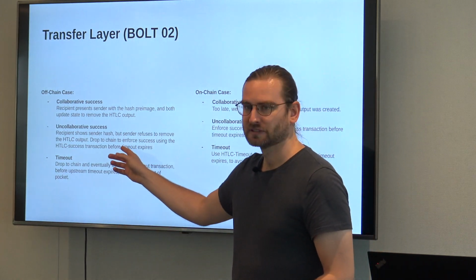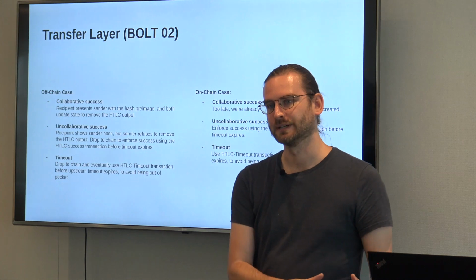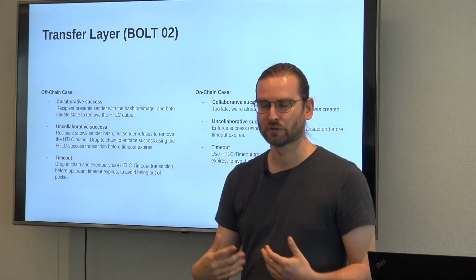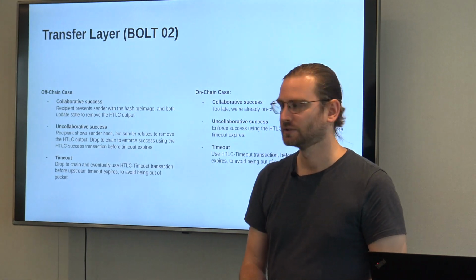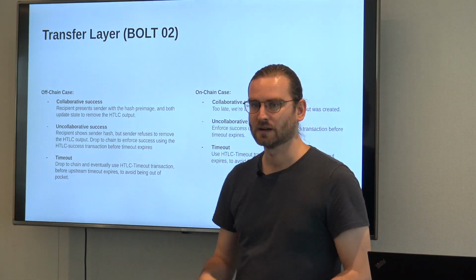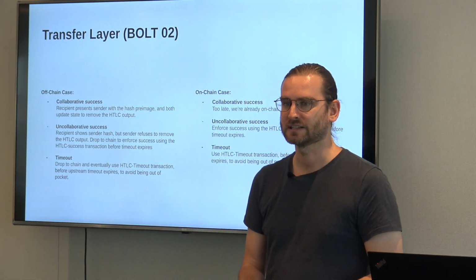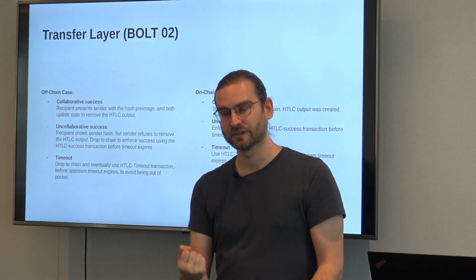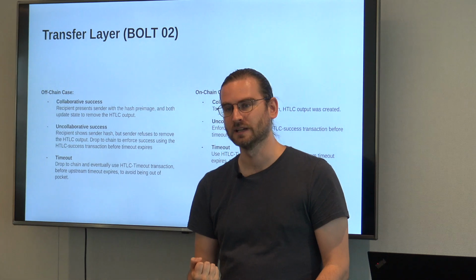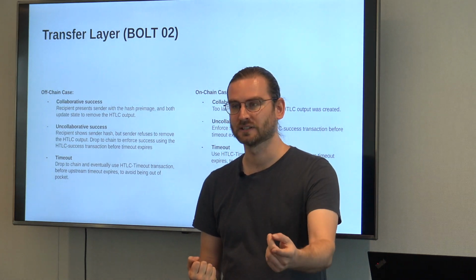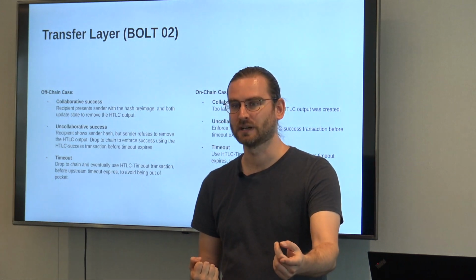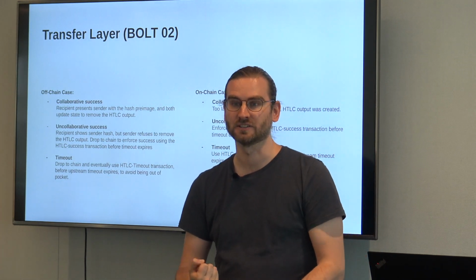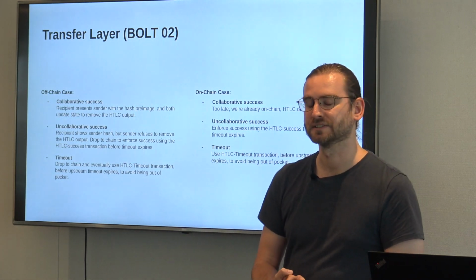Also, in the uncollaborative success case, you need to move the funds away, because let's say we have 14 blocks as timeouts, and now 10 of them have passed, and I suddenly got the pre-image. Then I need to pull the funds quickly. Otherwise, my counterparty suddenly has the timeout expire and can also pull the funds. And then we are in a race condition, which we try to avoid at all costs.